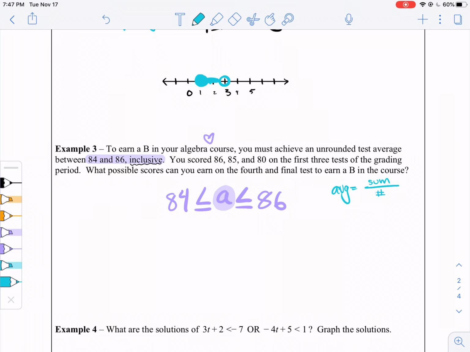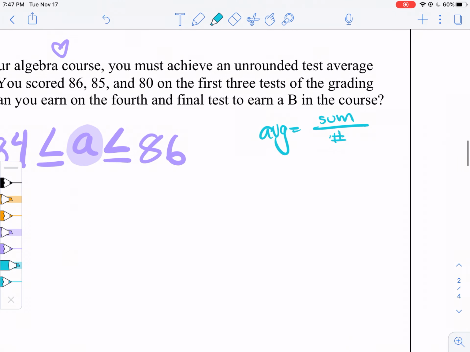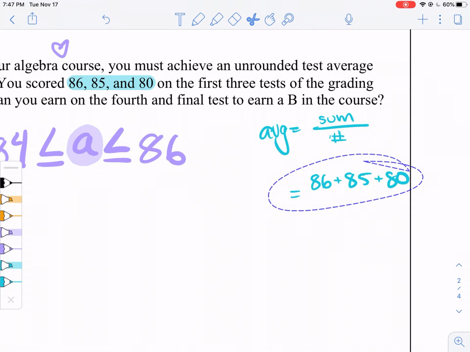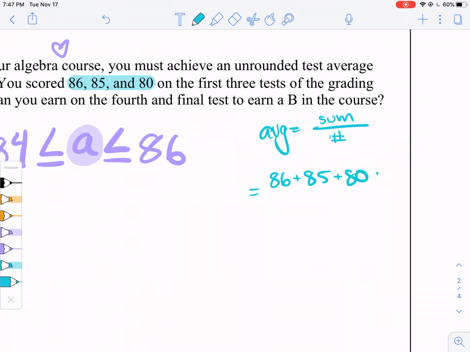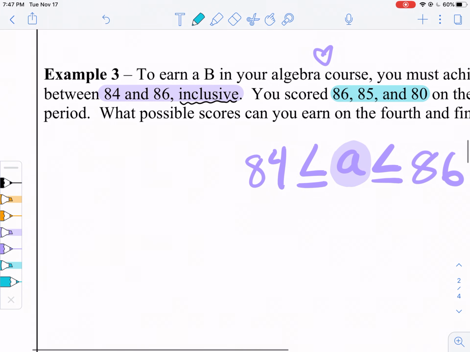Okay, so the average of the test scores, we know already we have 86, 85, and 80. So our average would be 86 plus 85 plus 80 plus whatever we get on the next test. How about we do x? Okay, so we'll have to write a note to ourselves.